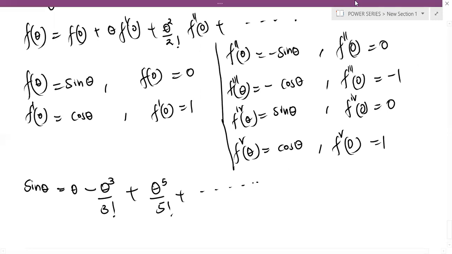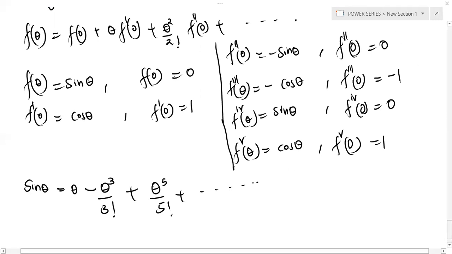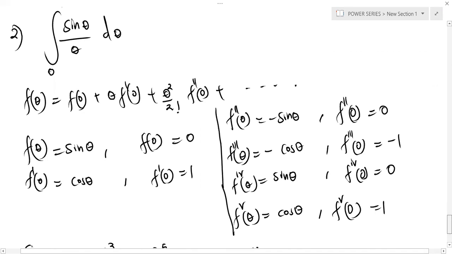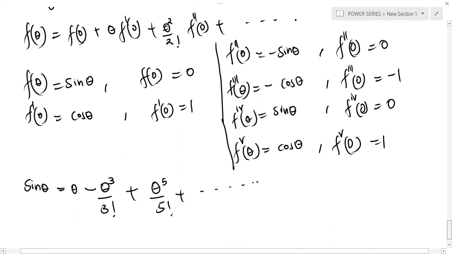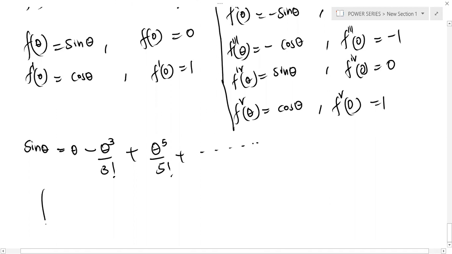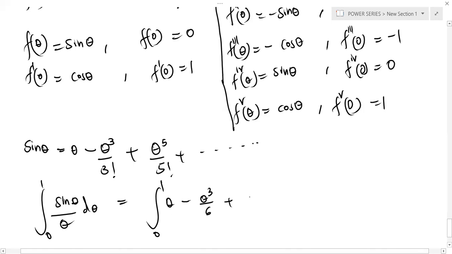Now look at our integral here. We were asked to integrate from 0 to 1 sine theta over theta. So we are looking for the integral from 0 to 1 of sine theta over theta d theta. And using Maclaurin series, we've been able to express sine theta as its power series: theta minus theta cubed over 3 factorial, which is 6, plus theta raised to power 5 over 5 factorial, which is 120, d theta.